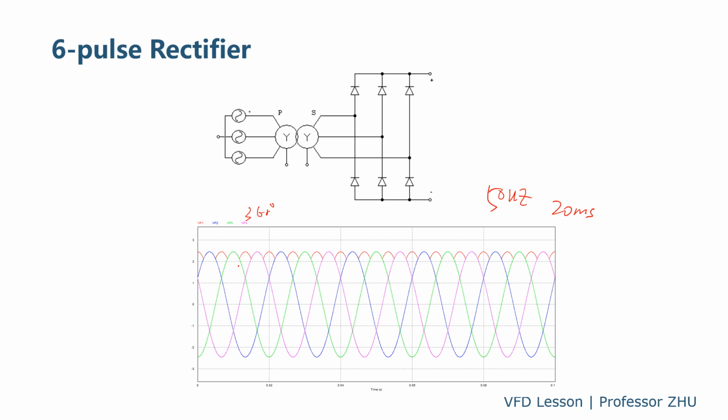That is why we call it a 6-pulse rectifier. On the output DC voltage in one cycle, you can see 6 ripples on the rectified voltage.